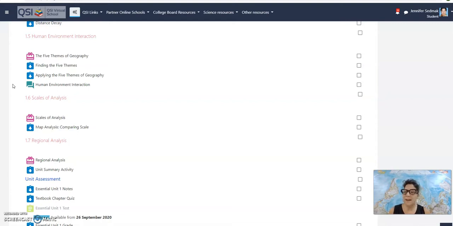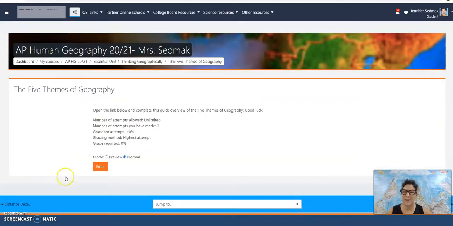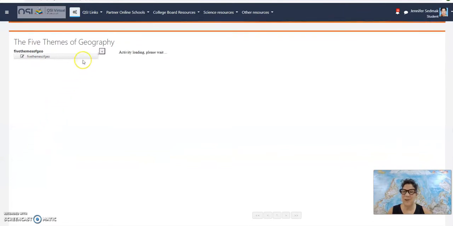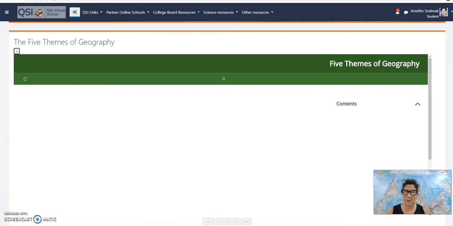One very important concept in geography are the 5 themes of geography. So if we open up this activity, or this gift of knowledge, as I like to call it, you'll come to a graphic on the first page of the activity that outlines the 5 themes of geography. So we will give the internet a second here to load it up.